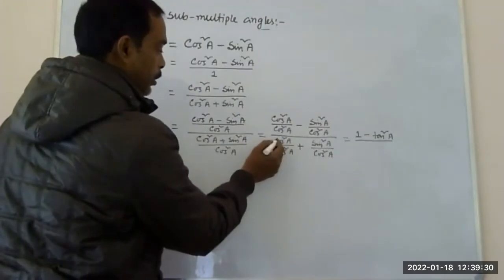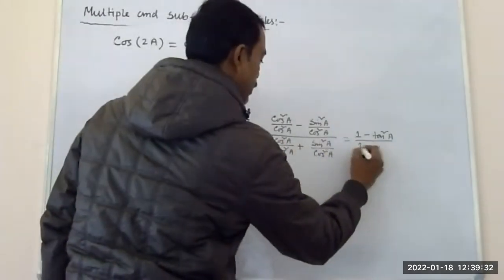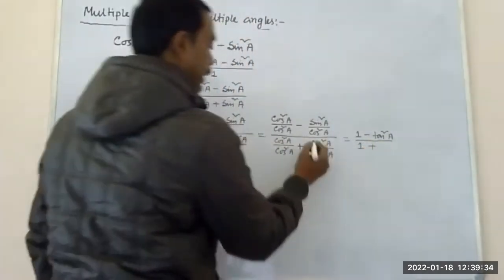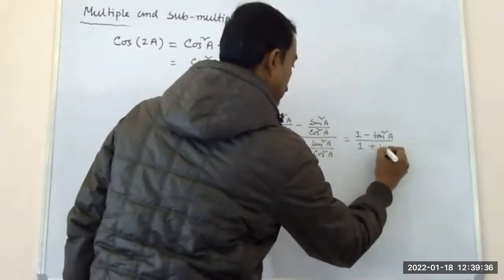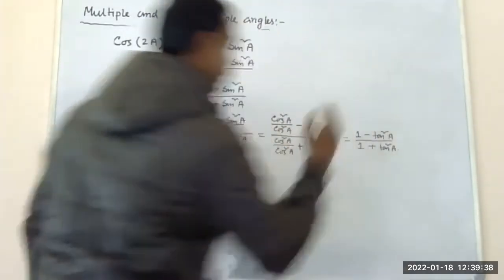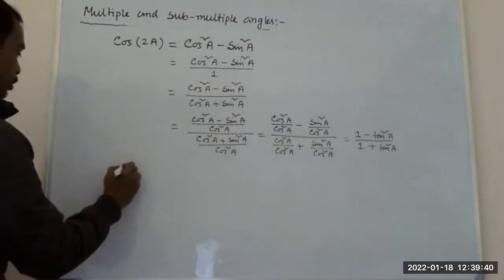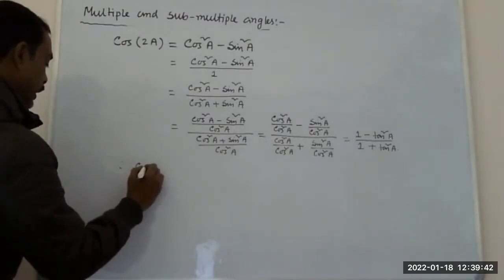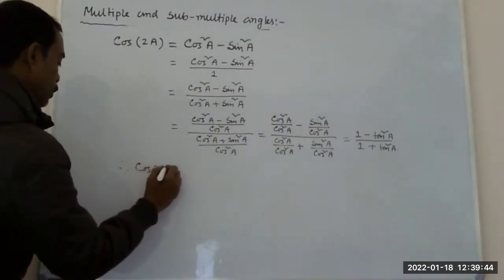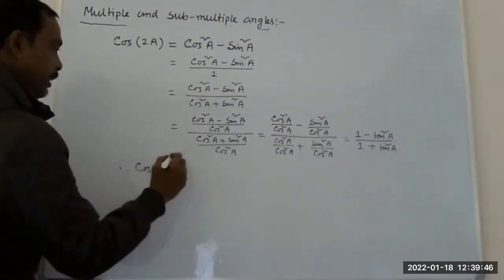In the denominator, cos square a by cos square a is 1, plus sin square a by cos square a means tan square a. So this is another formula of cos 2a, which is involving tan.